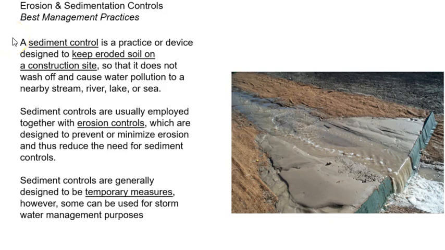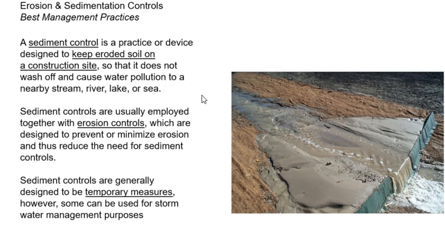So a sediment control is a practice or device that's put in place to keep eroded soils on a construction site. So we don't want the soils or anything from the site spilling over onto adjacent properties. So that's a sedimentation control, so that it does not wash off or cause water pollution in nearby water bodies.